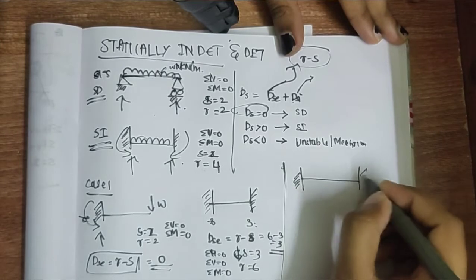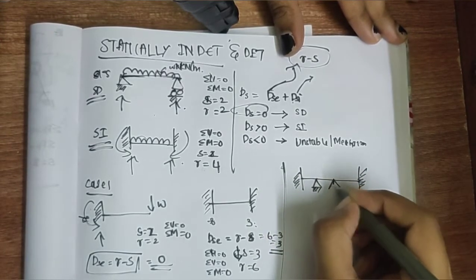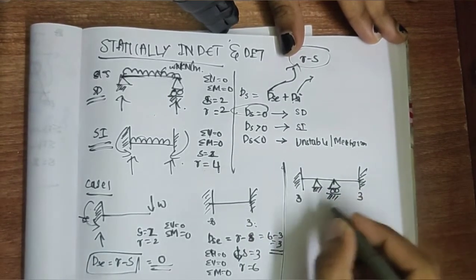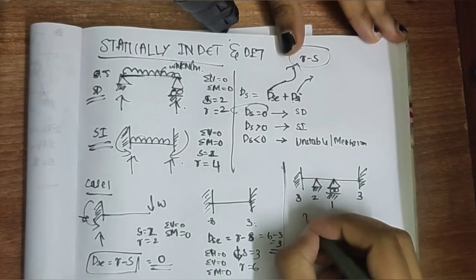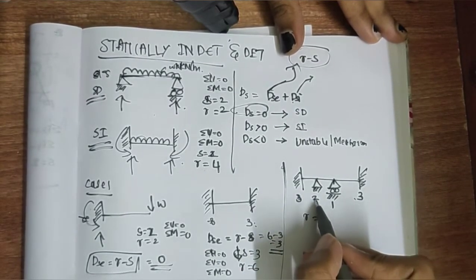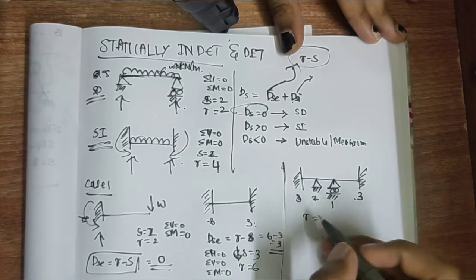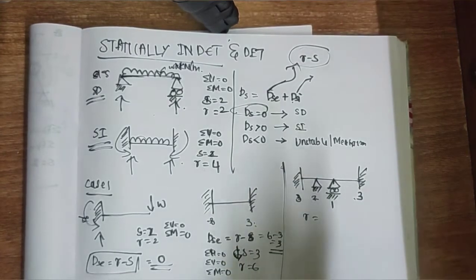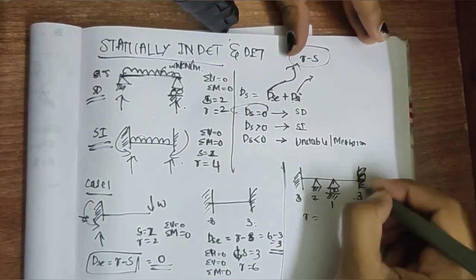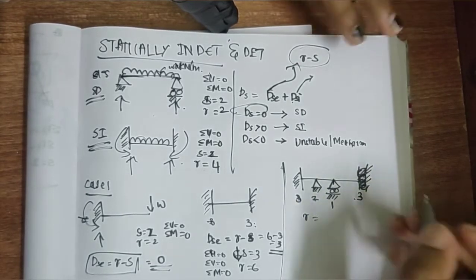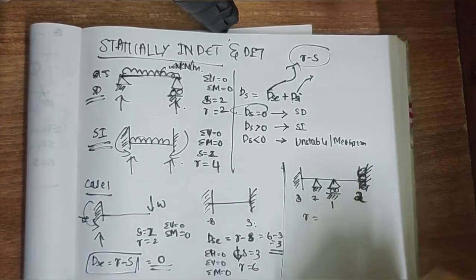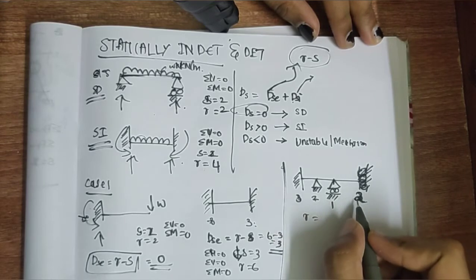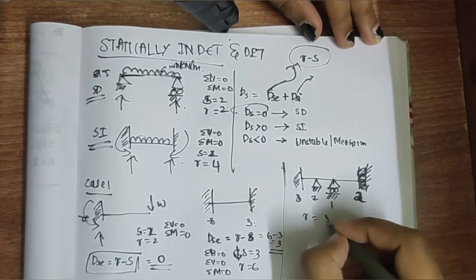Next is the fixed beam which has these supports. Here there are 3 reactions, here 3 reactions, here 2 reactions, here 1 reaction. Since it is vertically loaded, there will be one moment and one vertical reaction. So the number of reactions is 4 plus 3, 7, plus 1, it is 8.